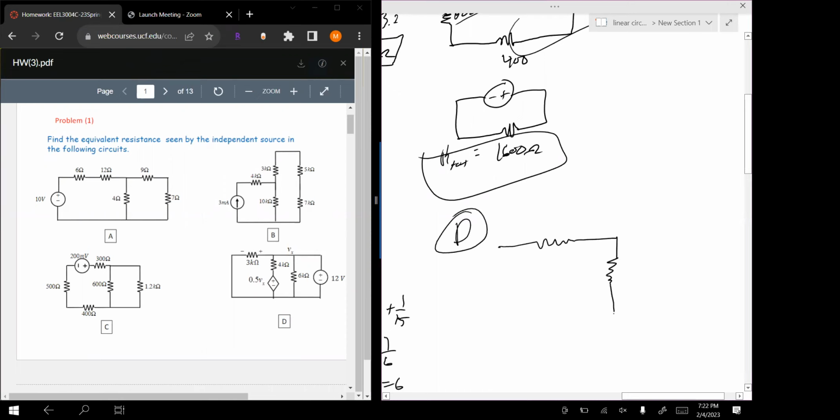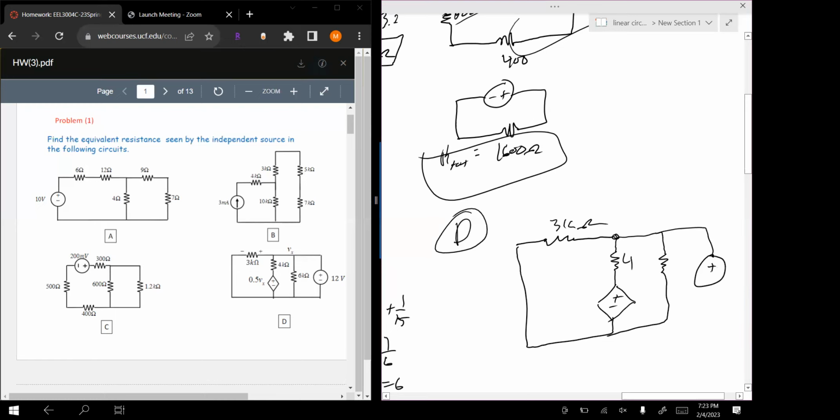So this one is giving us a polarity for some odd reason. This one says 12 volts, 6 kilo ohms, 4 kilo ohms, and this is going to be 0.5 VX.